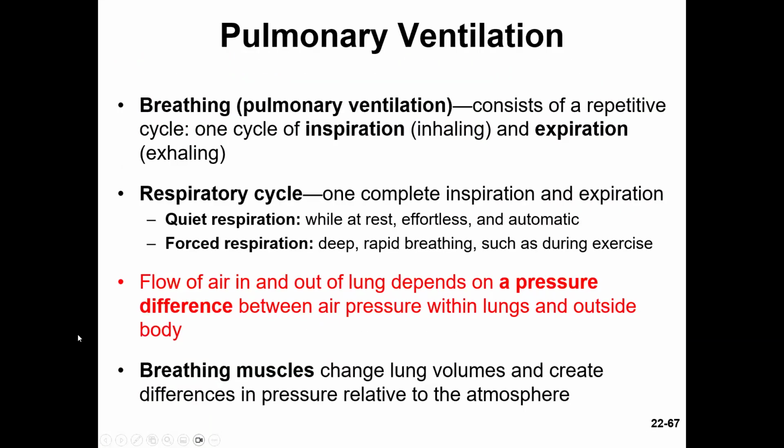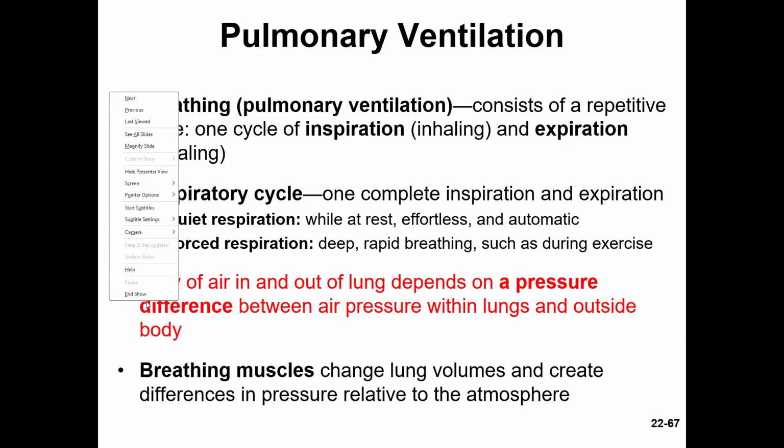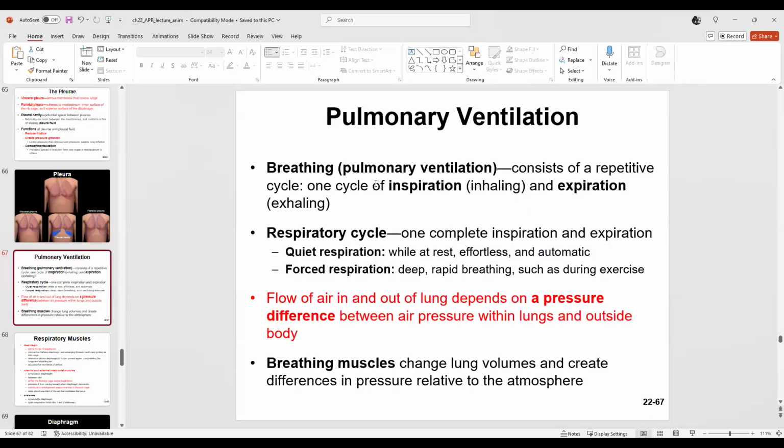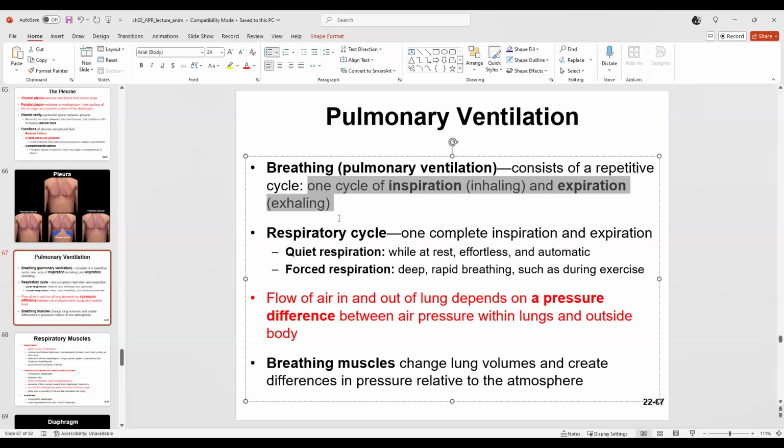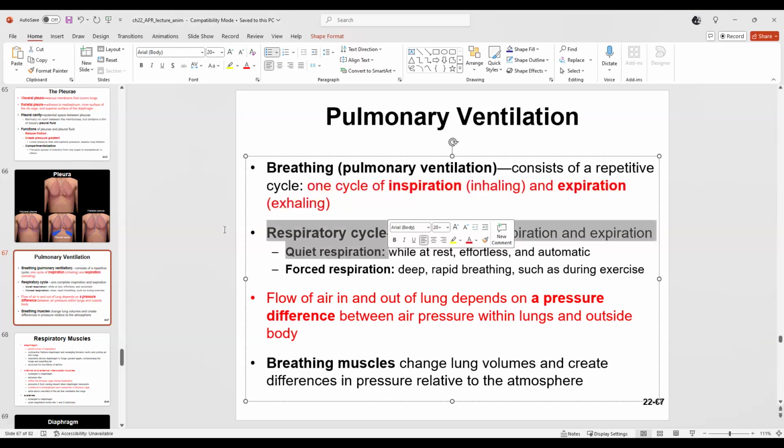Versus ventilation is movement of air in and out, right? So when we think about ventilation, that is movement of air in and out of the lungs. That is expiration and inspiration. Now, what I want you to understand here is that there's quiet and forced, right? With quiet respiration, you're at rest, and usually your diaphragm is doing a lot of the work, all right?